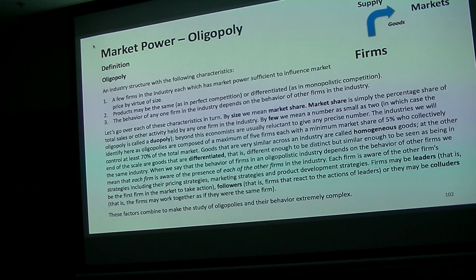If we have a small number of firms, we're going to look and see how much share each has. We'll have some actual examples based on the real world and on a website that I'll have you look up. By few, we mean as small as 2, in which case it's called a duopoly. Duo, we have the English word duo, which means 2.